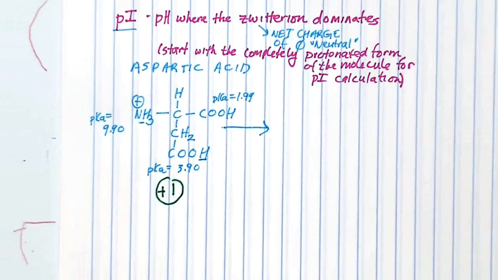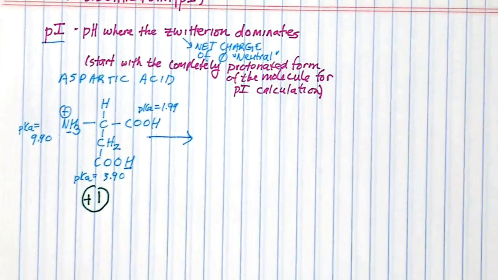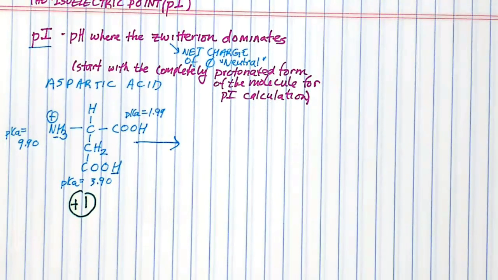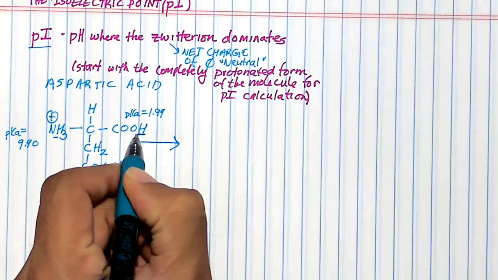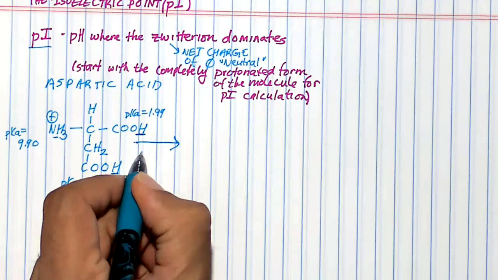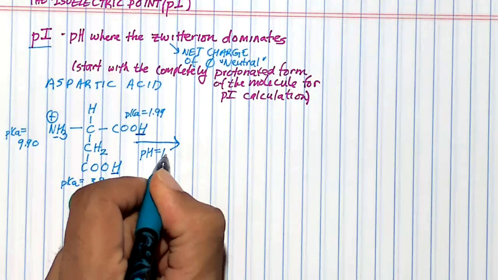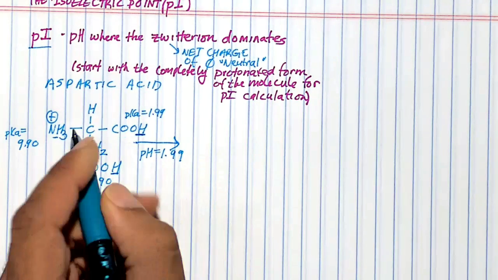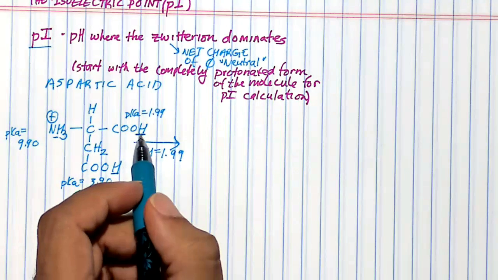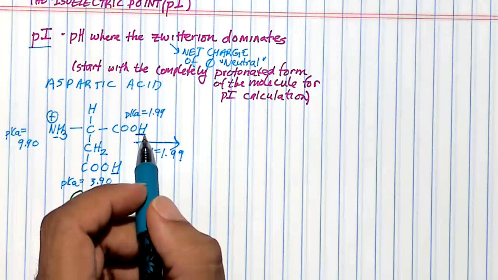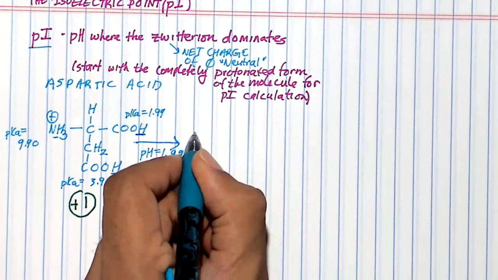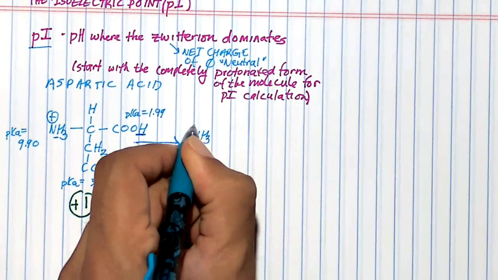Let me zoom out here so that we take up a major portion of the paper. What is the first proton that comes off? The first proton that comes off will be at pH 1.99. So when you have a pH of 1.99, this proton, the alpha carboxylic acid proton of aspartic acid, begins to come off. And then we have this.